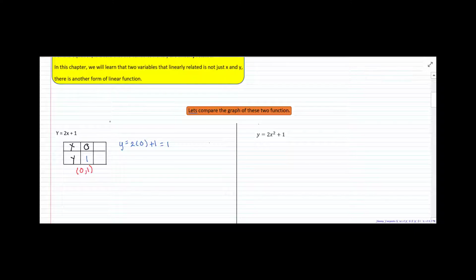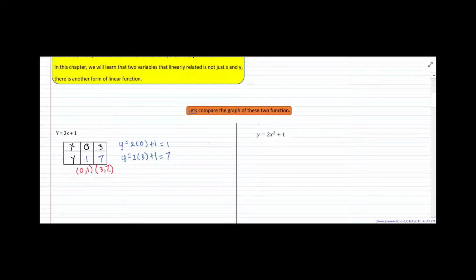For the second number, I will choose maybe 3. So I will get the value of y. y equals 2 in the bracket 3 plus 1. It will become 7. So I write 7 right here, and then I get the second point 3, 7.